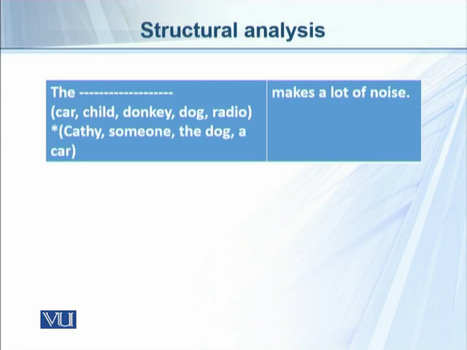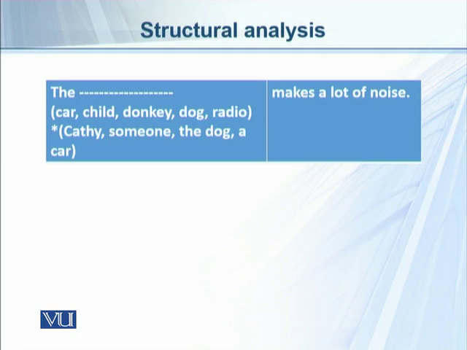But if we try to put the word cafe into it and say "the cafe makes a lot of noise," it will be an incorrect or ill-formed sentence, because cafe is a proper noun and no article can be used with a proper noun. However, in some cases there is a possibility, but that is something else.